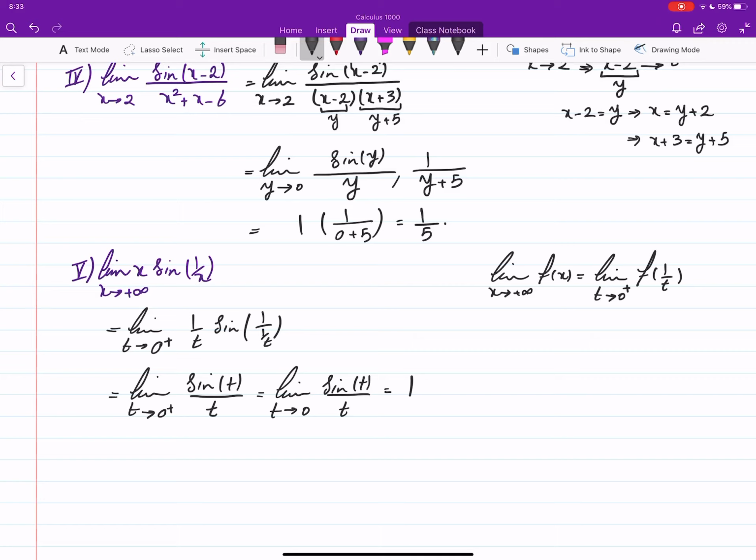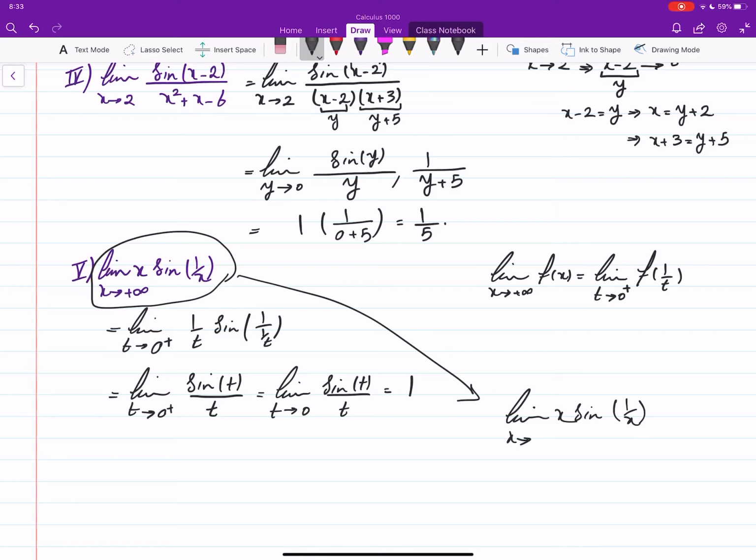There's only one comment here: don't confuse this limit with the limit of x sine of 1 over x as x approaches 0. Don't confuse that with this one. The limit as x approaches 0 is 0.